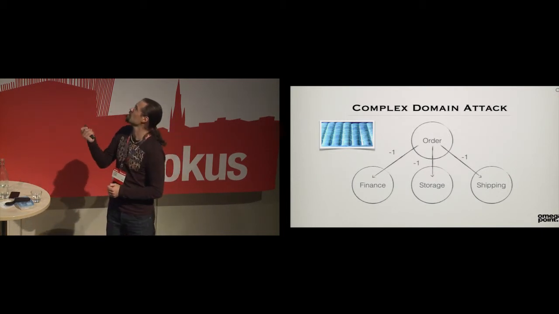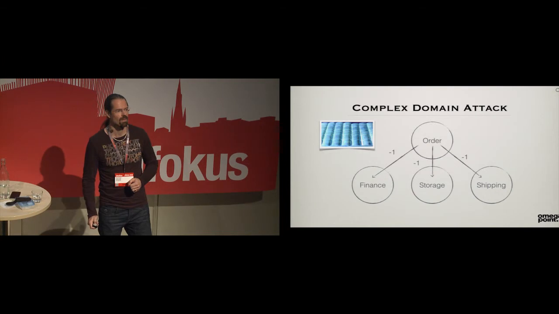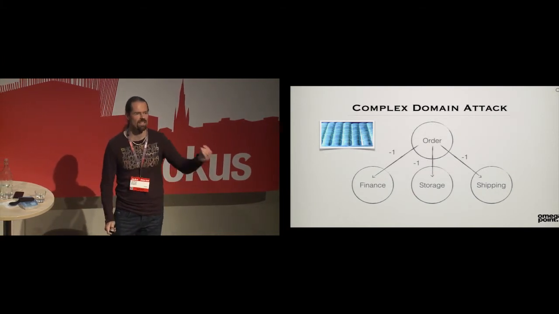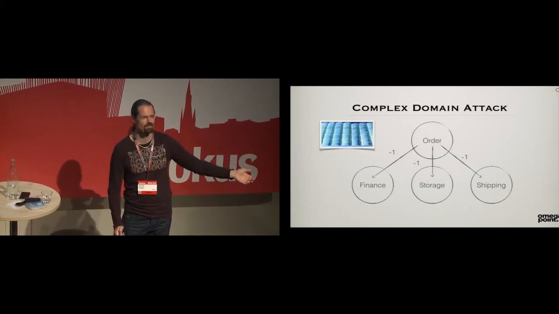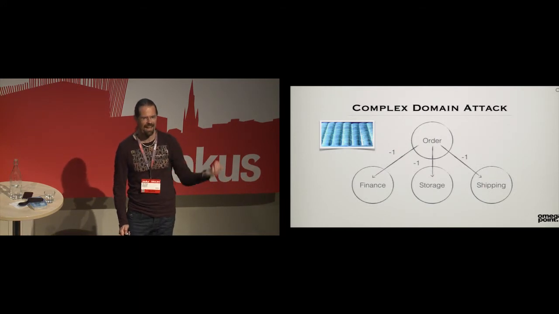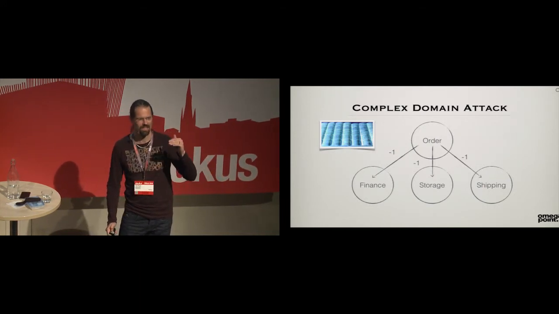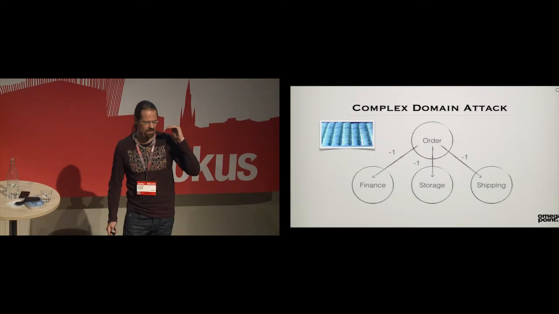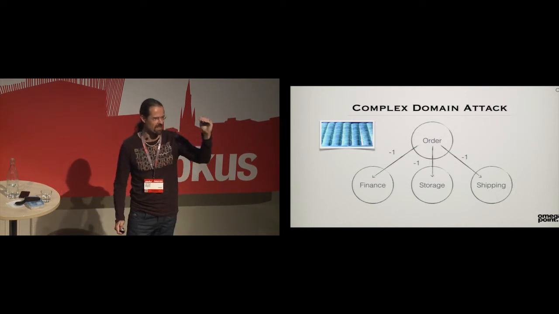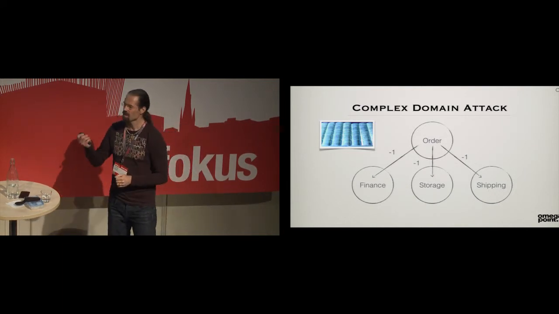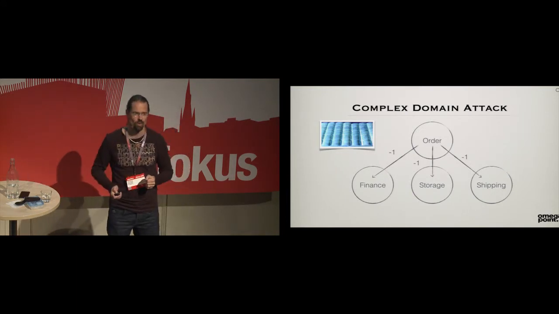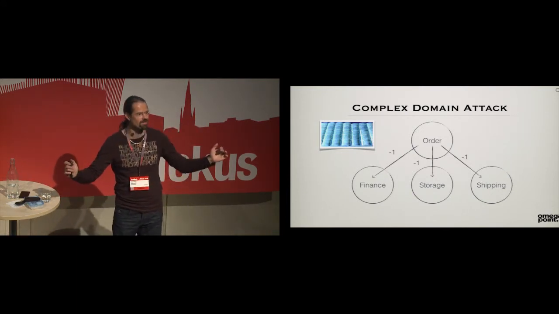So it sends -1 to the storage system, which decreases the inventory with -1. That is, it increases the stock level from 26 to 27. So the finance system and storage inventory system are actually consistent.